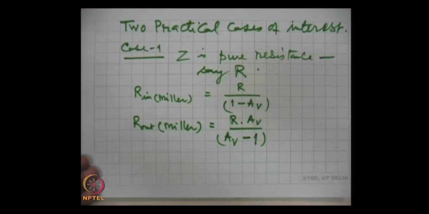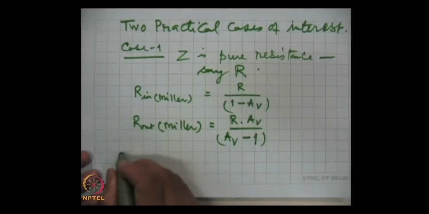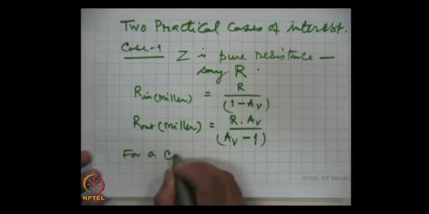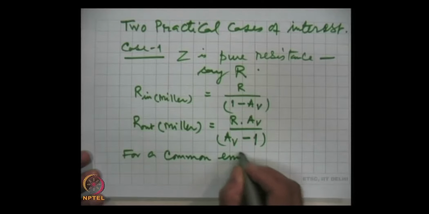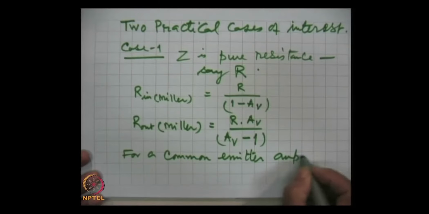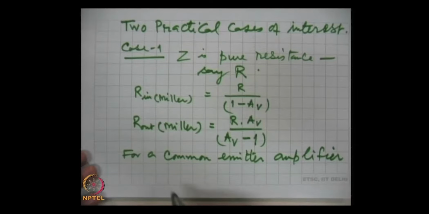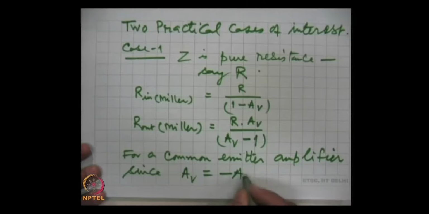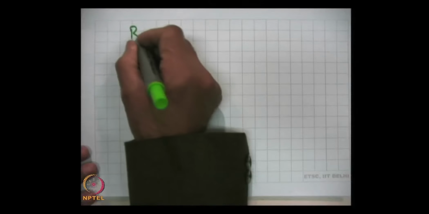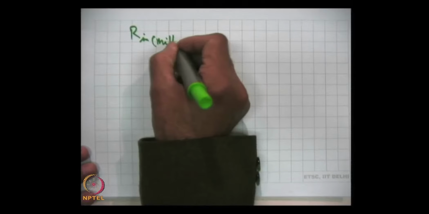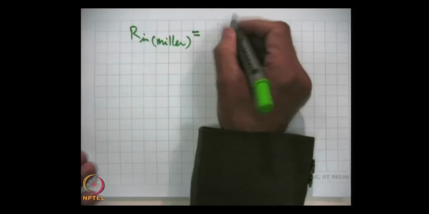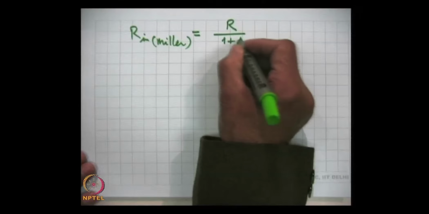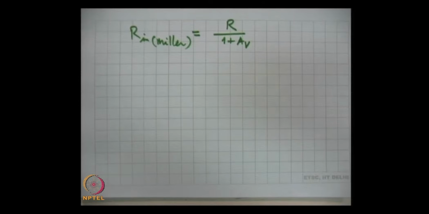Let us see for a CE amplifier, a common emitter amplifier, since AV is equal to minus AV because of the phase reversal, we substitute here with the negative sign, so that R in Miller becomes equal to R over 1 plus AV. AV is very large, say 100.